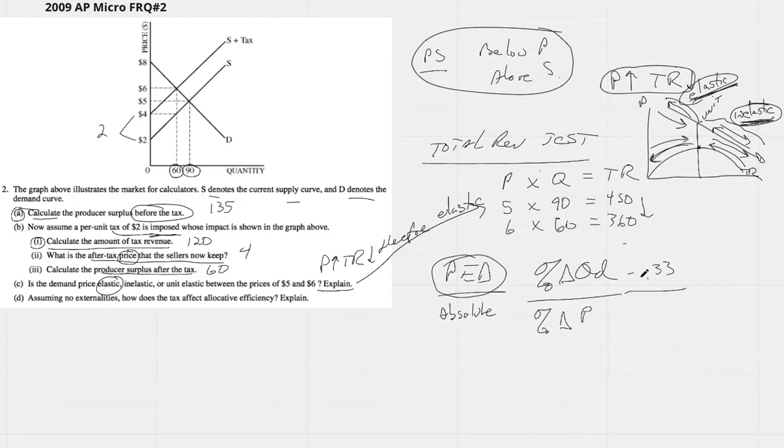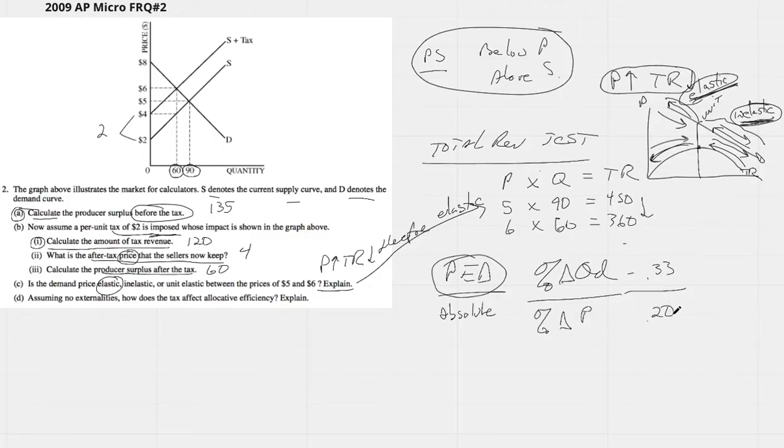We're always going to get a decrease in demand when the price goes up. It looks like our price went from 5 to 6. So that's 1/5, we added 1 to our 5 there. I'm not sure if I'm saying that right, but the idea is it's 0.20 here.